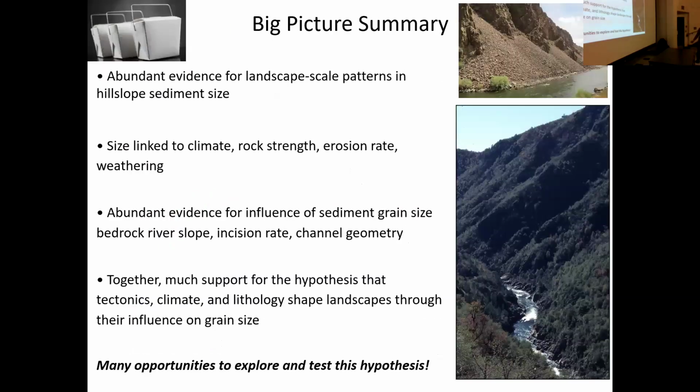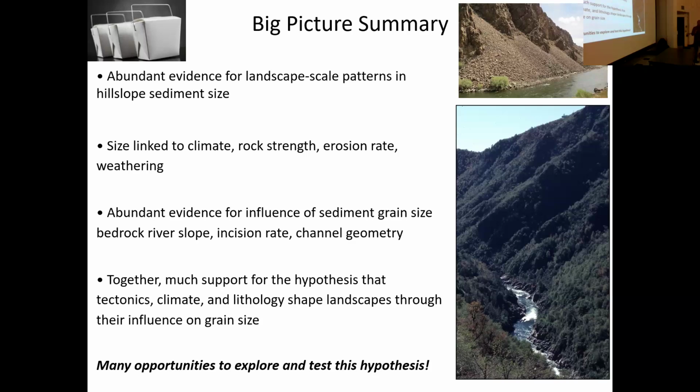In summary, I assert that there is abundant evidence of landscape patterns in the size of sediments produced on hillslopes and supplied to rivers. That size is linked to climate, rock strength, erosion rate and weathering. And from the earlier part of the talk, and other people's work since, there's abundant evidence for the influence of sediment grain size on bedrock rivers, their slope, their rate of incision, their channel geometry.